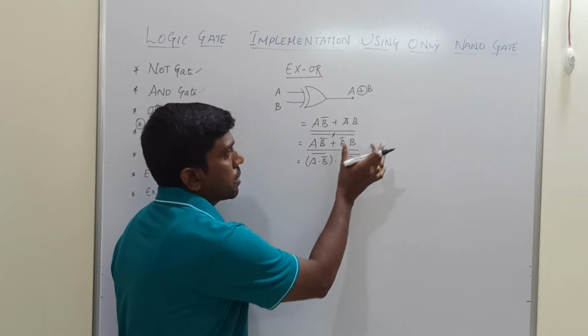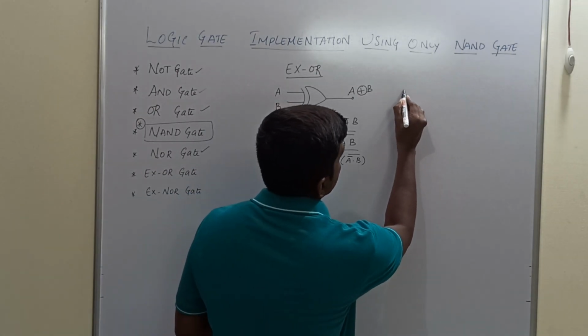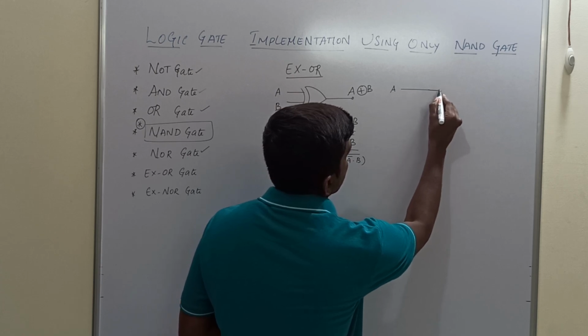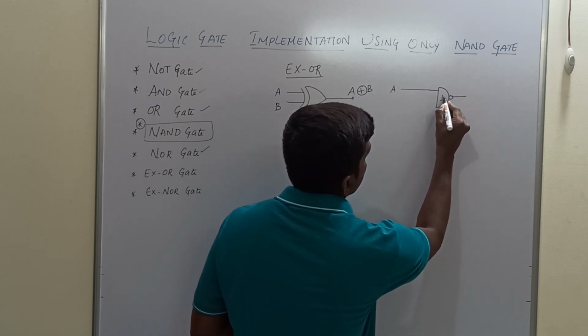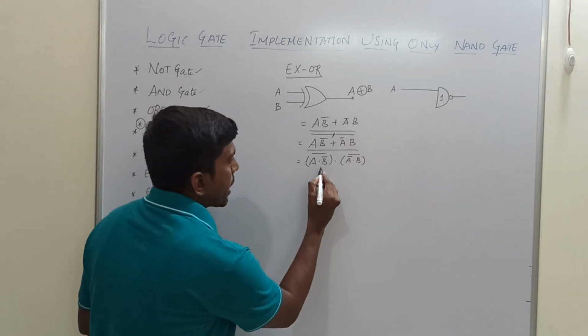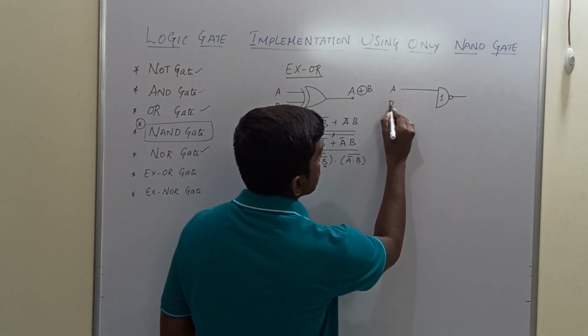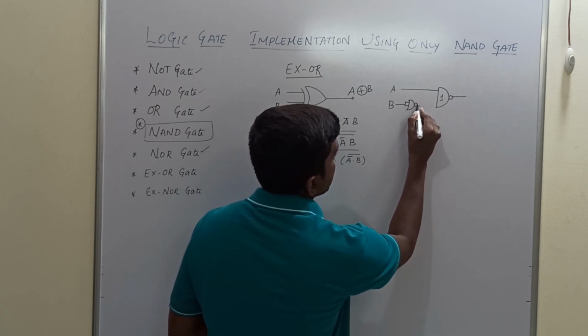Using this expression, now I am going to draw the NAND logic structure. So first input is A. A is connected to the first NAND gate input. Then the second input is B bar, but the actual input is B. So this input is given to a NAND inverter.